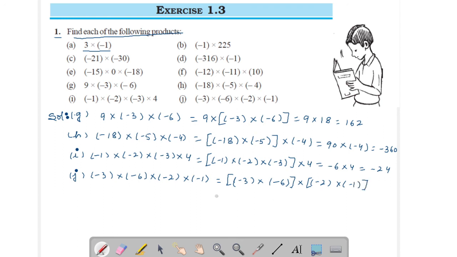Now solve this. Open the first big bracket. It will be minus 3 into minus 6. So minus minus plus, 3 6 18. 18 into. Now open the second bracket. It is minus 2 into minus 1. Minus minus plus, 2 into 1. It is 2. And 18 2s are 36. This is your answer.